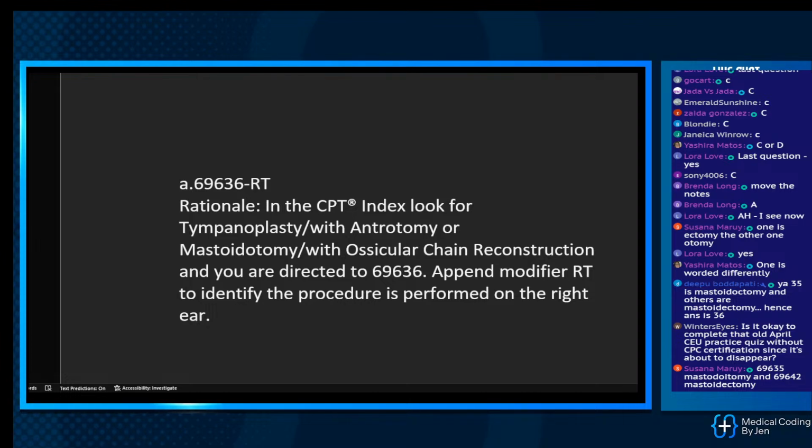Without CPC certification since it's about to disappear. Yes, if you do the old one from 2022, you might as well, because that way you can pull down the old practice questions and the rationales with them.